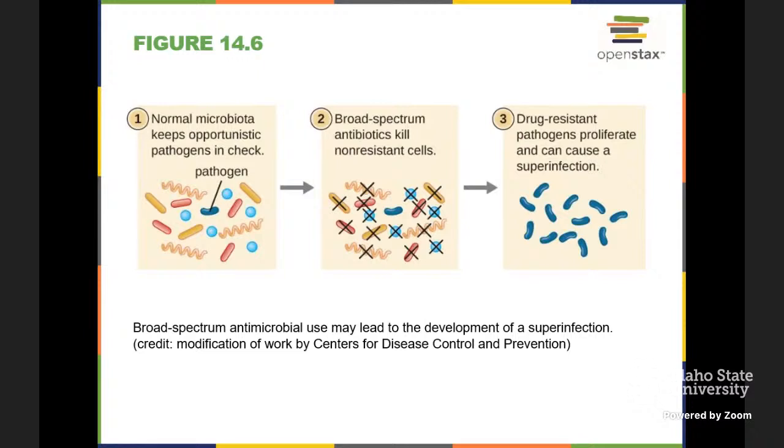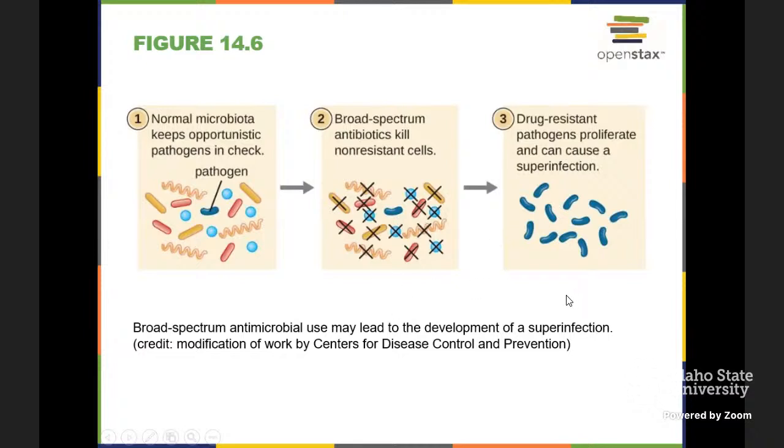And taking broad spectrum antibiotics sets the stage for those yeast cells that don't get touched by those drugs to be just like these blue pathogens right here. And you get an overgrowth of them, and then you wind up with yeast infections, in all sorts of different locations. In your mouth, we call it thrush. Same idea, all right, where you get an overgrowth.